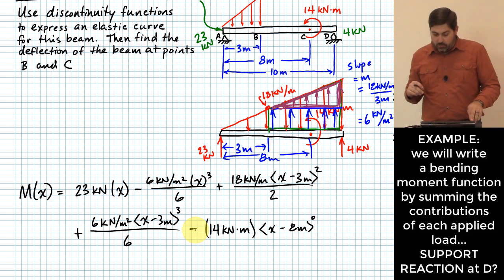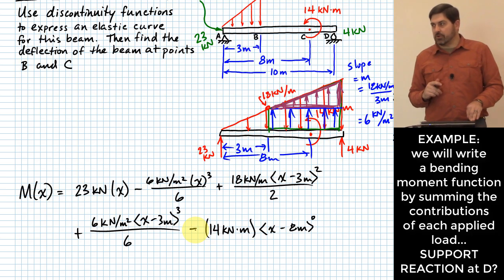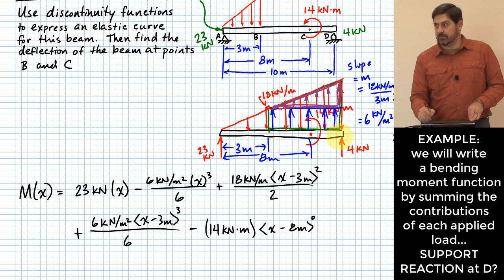All right. We've done almost all the loads applied to the beam. Are there any others we should be thinking about? We did a reaction at A, we have a reaction at D, right? If we were to do that reaction, what would the form be?